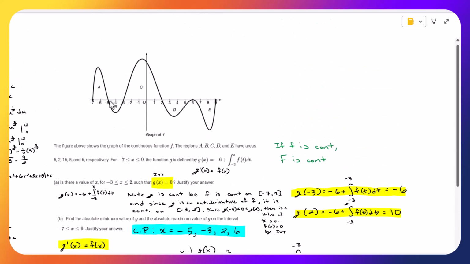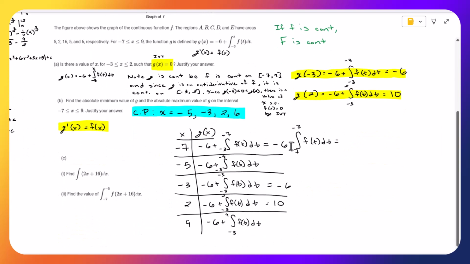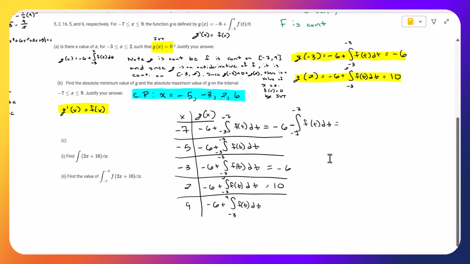Well, let's look. -7 to -3, that's A, which is 5, and B, which is 2, but this is below the x-axis, so it's going to be negative, so 5 minus 2 is 3. -6 minus 3 is going to be -9. So there's one.